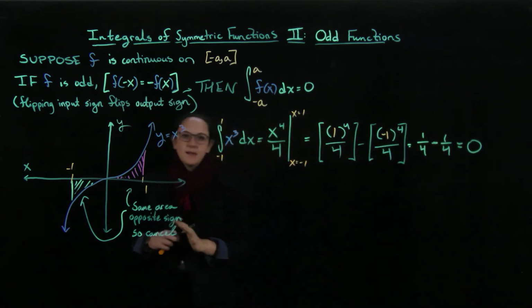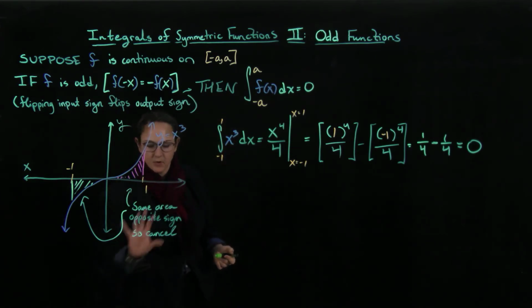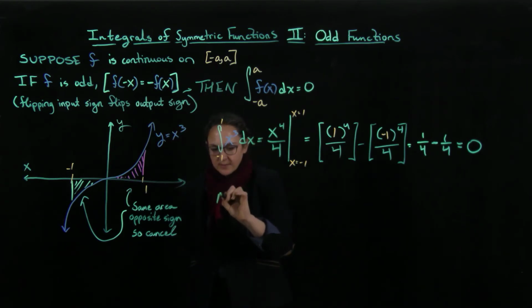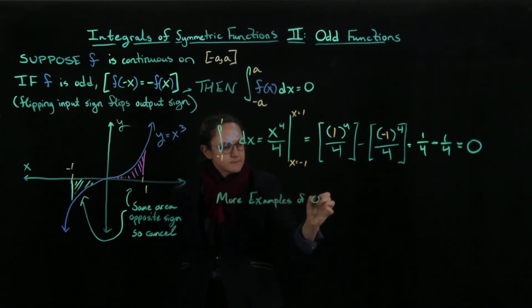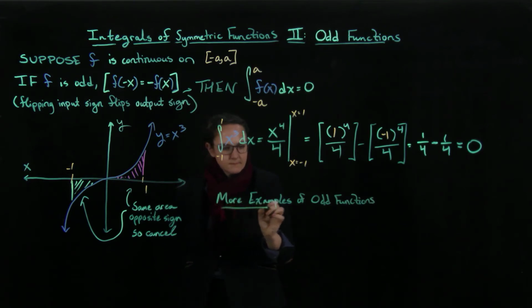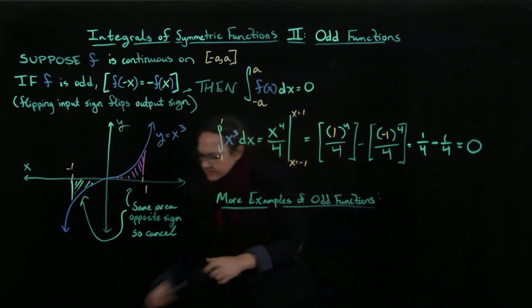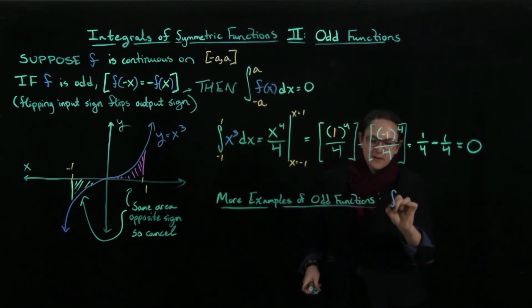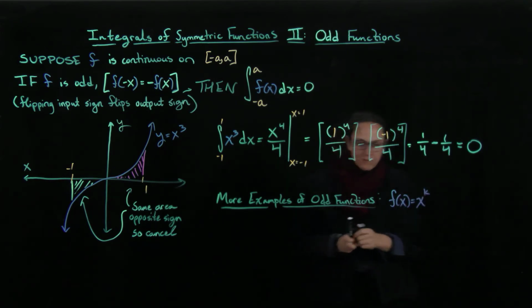Again, more examples of odd functions. It's going to look the same except now the powers are odd: anything that looks like f equals x to the k, where k is odd.